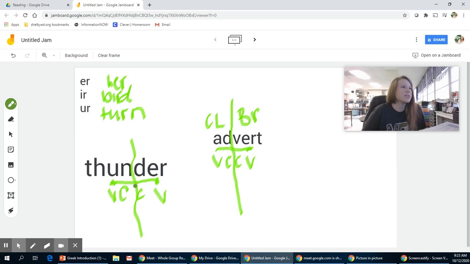What syllable type is this first syllable? Closed. Good. And what about the second syllable type? Bossy R. Good. So what does our word say? Thunder.